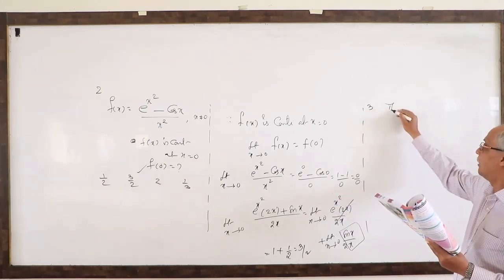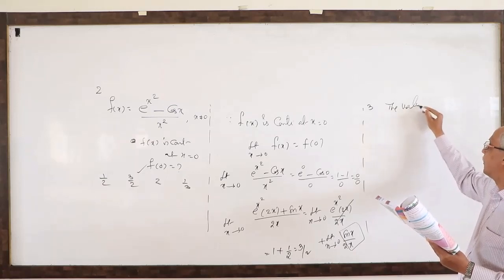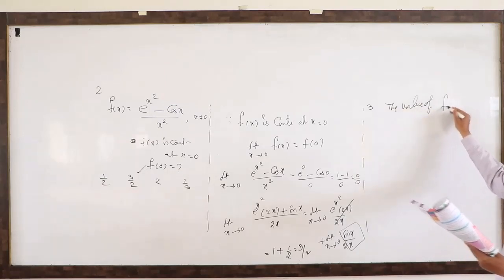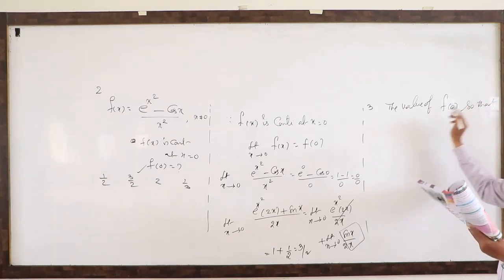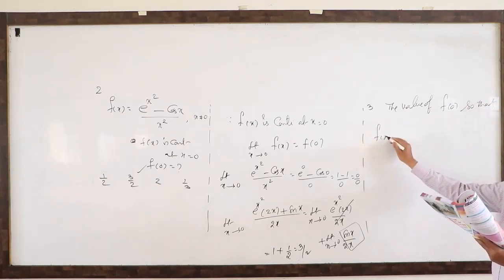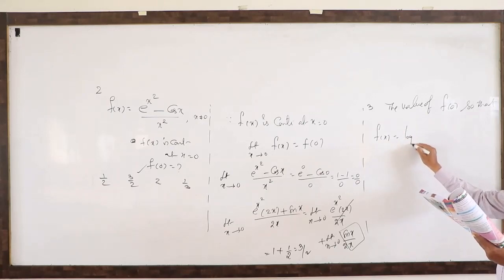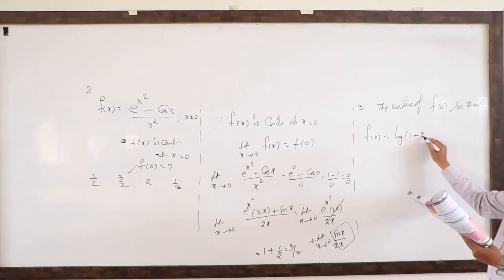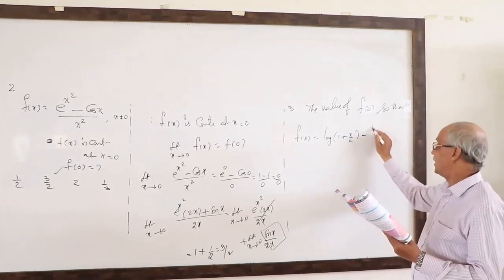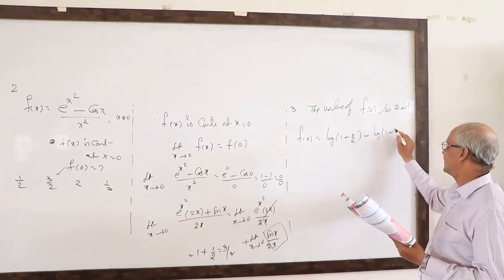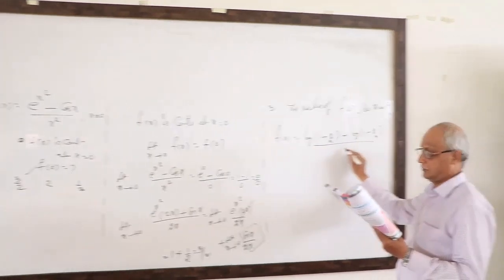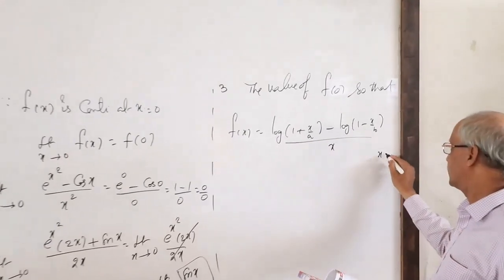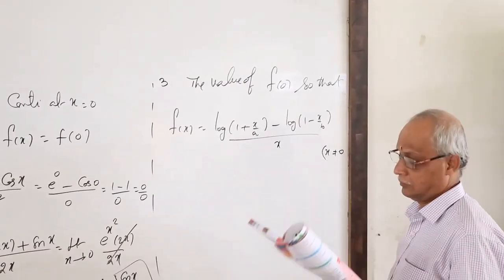Find the value of f of 0 so that f of x is equal to log of 1 plus x by a minus log of 1 minus x by b, all by x. All understood, it is definitely x not equal to 0.